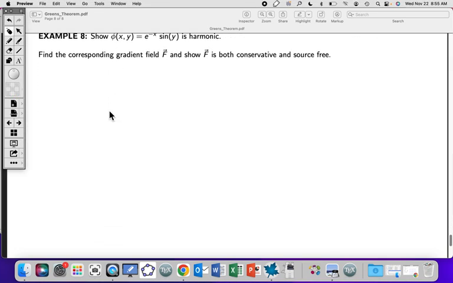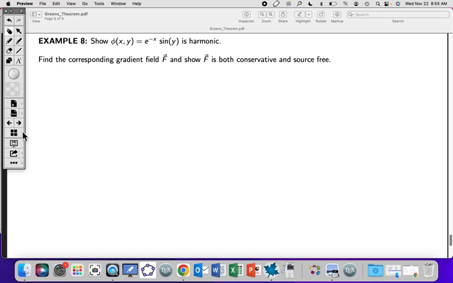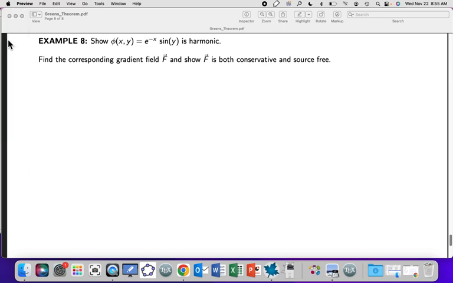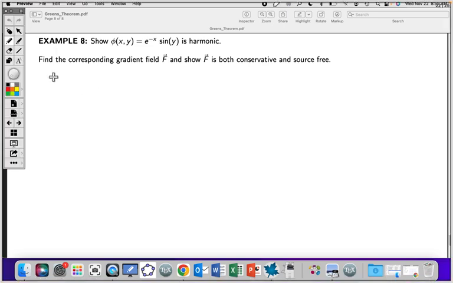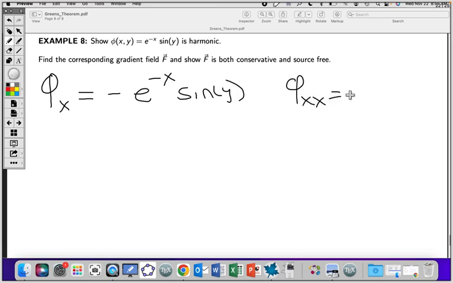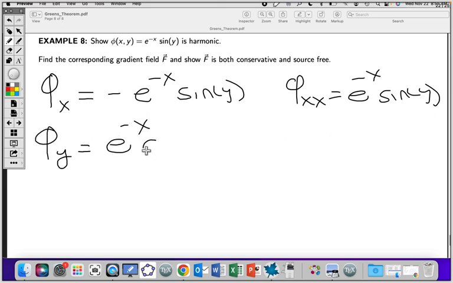So as an example, show that this function here, phi equals e to the minus x sine y, is harmonic. Find the corresponding gradient field and show that it's conservative and source free. So basically all we do here is we look at the phi x, and then the phi xx, the phi y, and the phi yy.